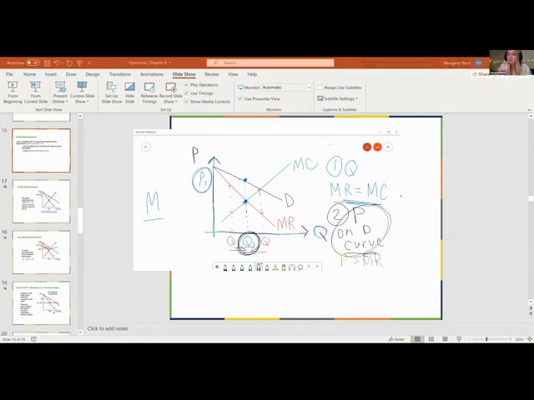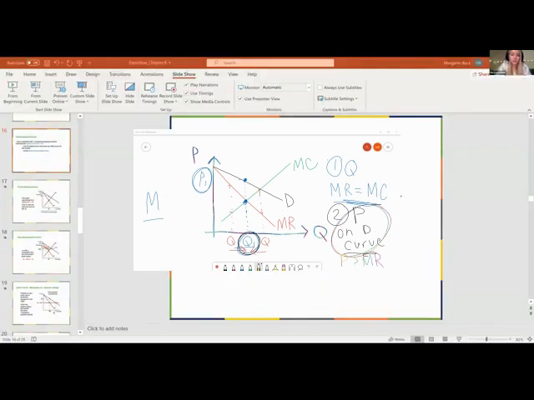Since there's no competition, the monopolist is able to charge this higher price, this maximum willingness to pay, because there's no one else in the market forcing them to charge a lower price. The monopolist has free rein to charge the maximum willingness to pay. The maximum willingness to pay is represented by the demand curve. So hopefully this makes a little bit of sense.